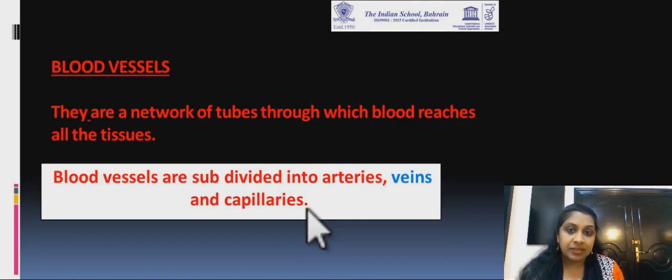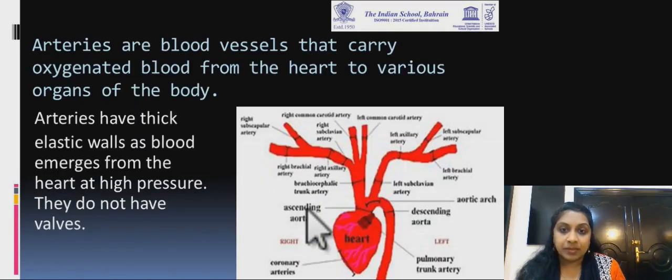Now we can see the pictures of the arteries and veins. So this is the picture of the artery. They are the blood vessels that carry oxygenated blood from the heart to the various parts of the body. And you can see from the picture that the walls of the arteries are thick.